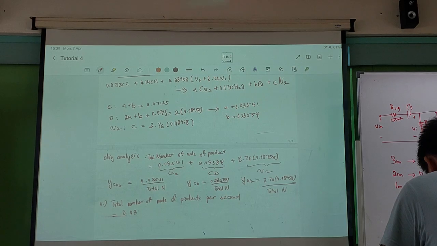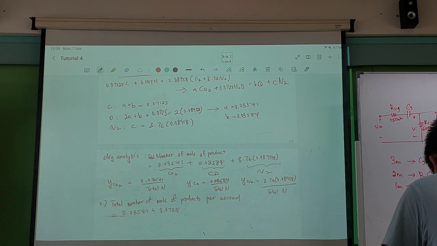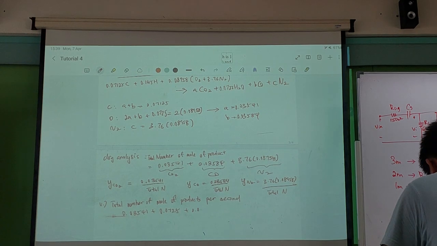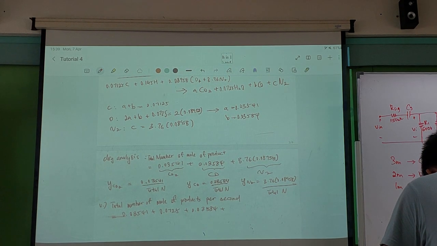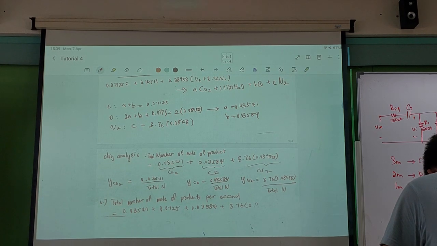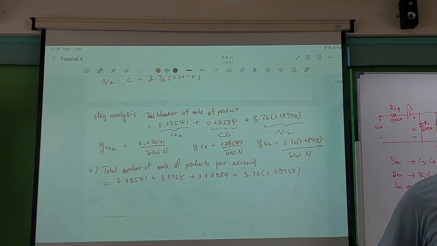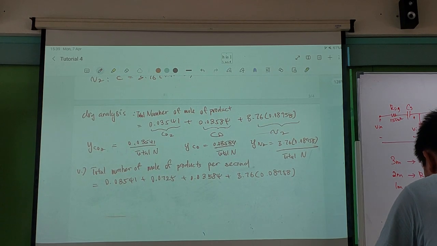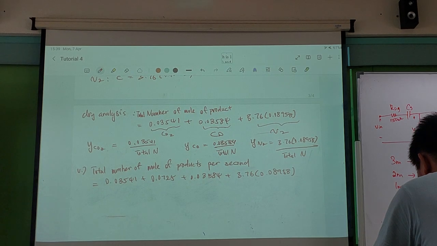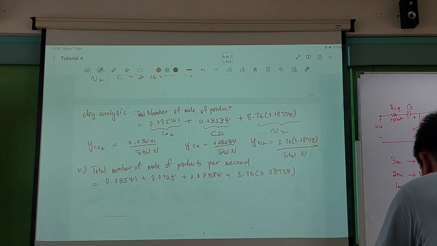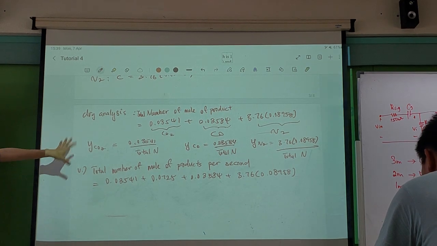So it is the same thing, but you add water as well. For every kg of fuel that you consume, you will get this amount of moles of product.